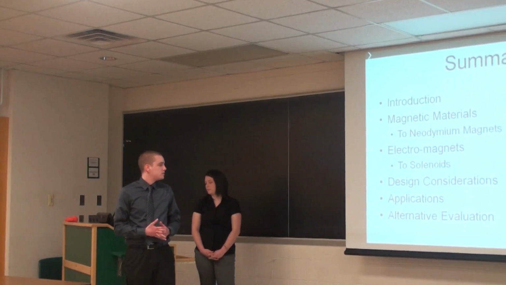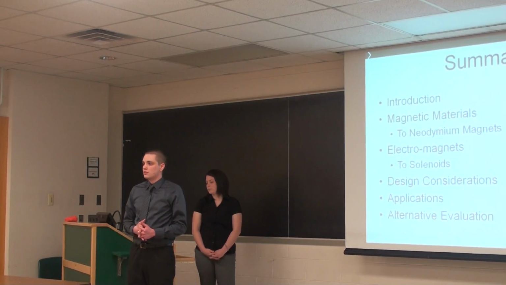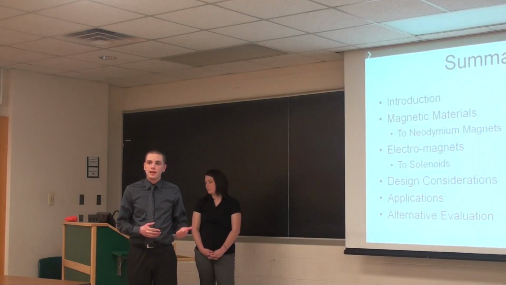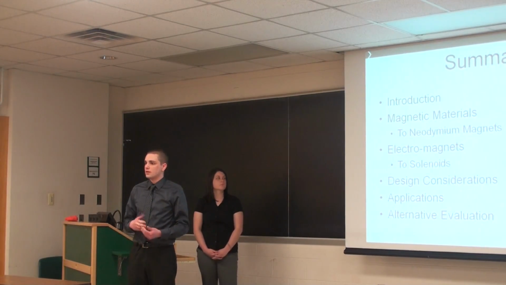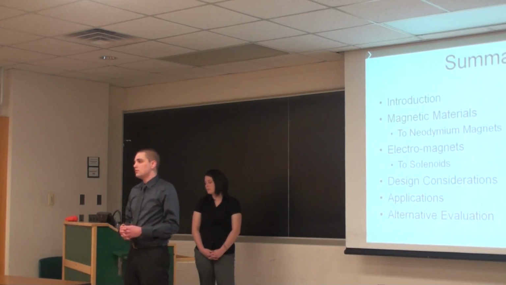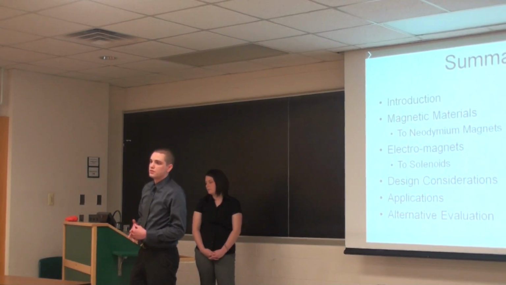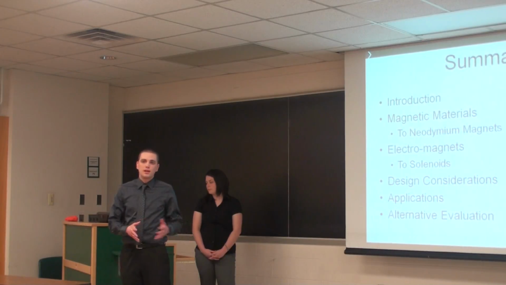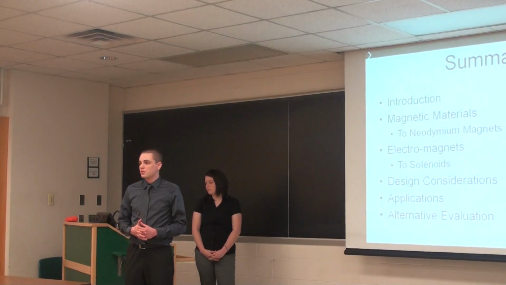We went over some design considerations, and then we showed you some real-life examples of how we're applying that through our current prototypes and how it's evolved through the process. And then at the end, Kristen talked about the different types of materials as opposed to neodymium. This concludes our presentation.